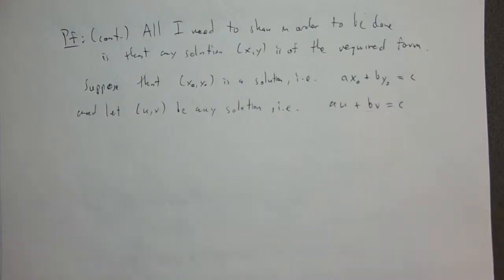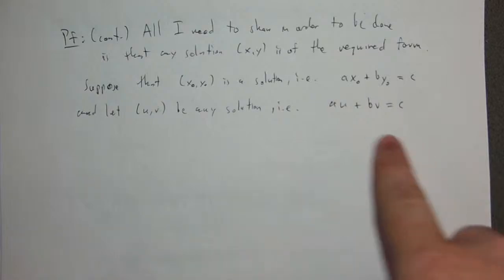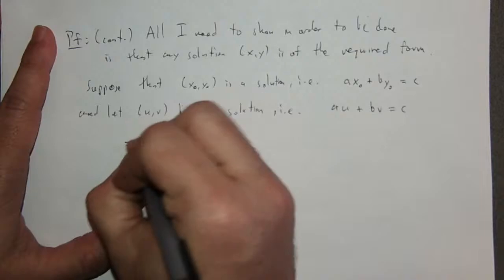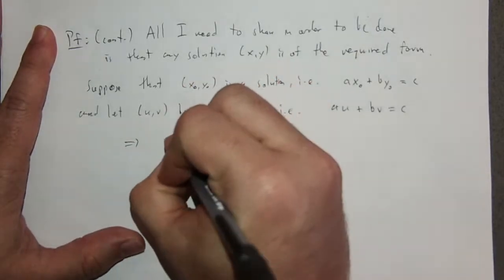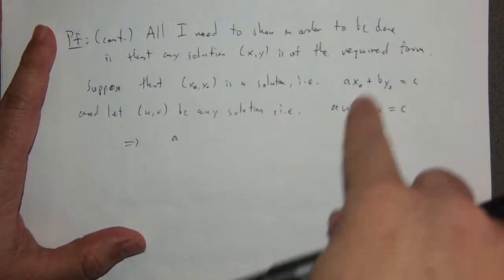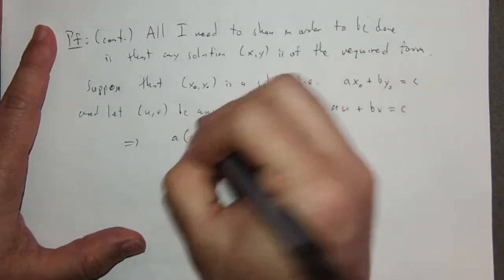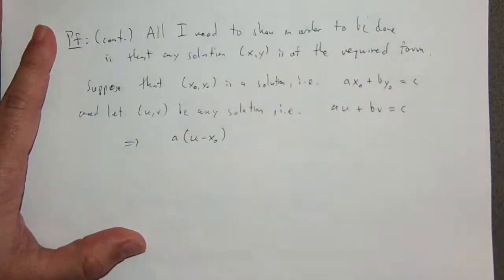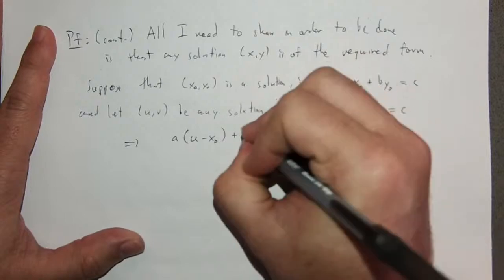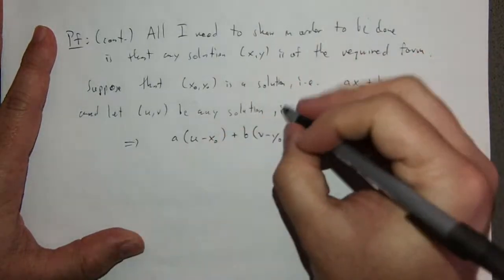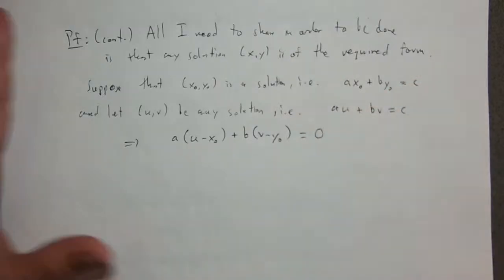So setting these two equal to one another, since both of them equal c, and say subtracting this second one from the first, what does this mean? I can do this either way I want to; I can subtract the first from the second. So a times (u minus x naught) plus b times (v minus y naught) is equal to 0.